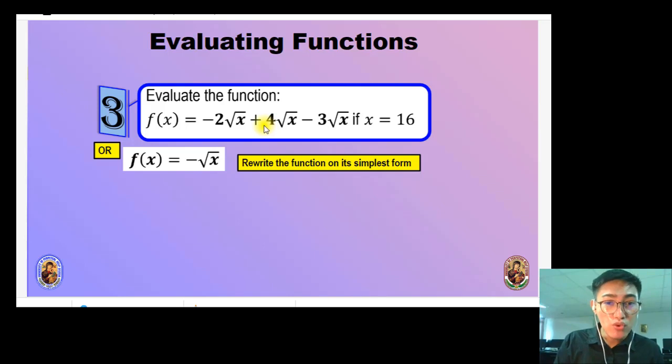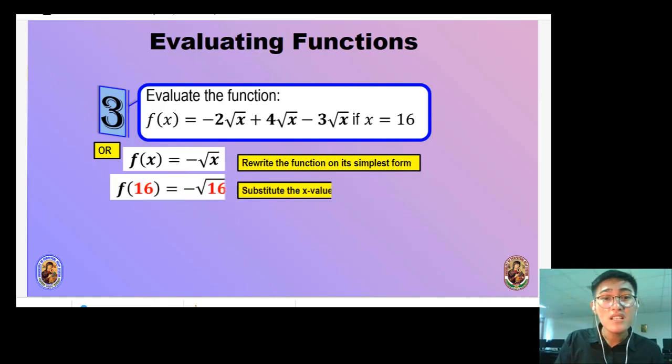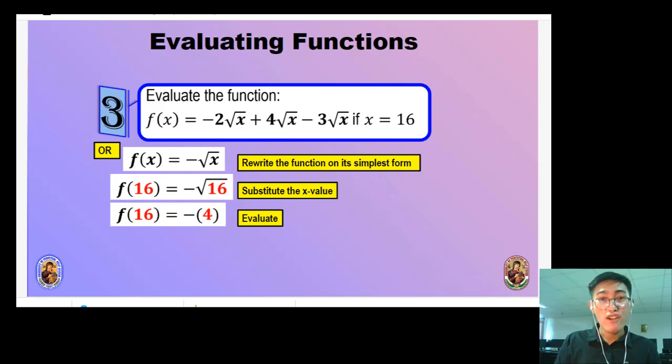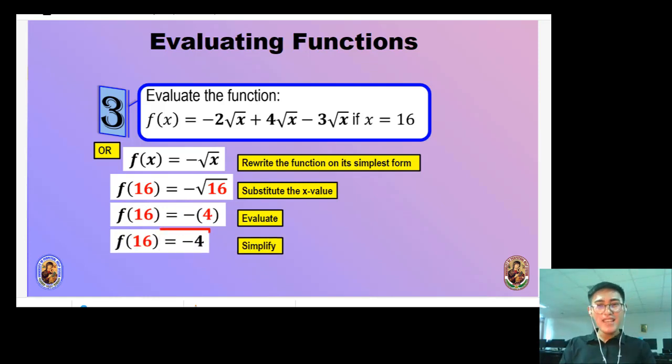And that positive 2, subtract 3, and we will get negative 1. And of course, that negative 1, we could simply put as negative, the invisible 1, or negative the square root of x. As simple as that. This is now the shortcut. Then, this is the time for you to substitute x is equal to 16. And we'll get negative 4. Okay? So, let's go to number 4.